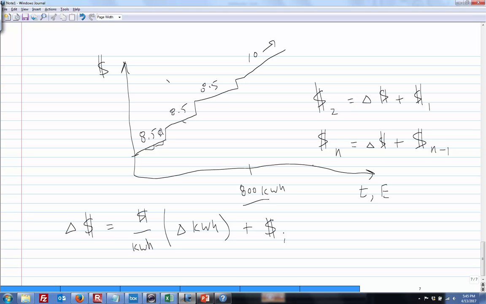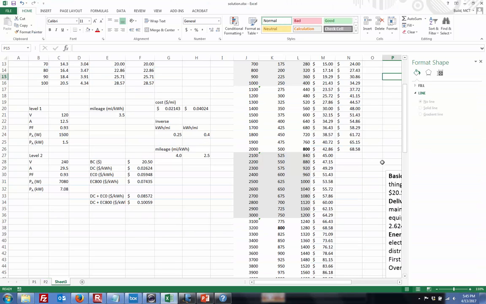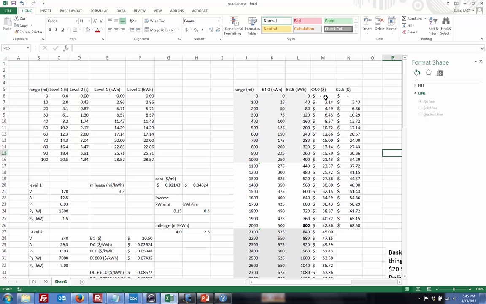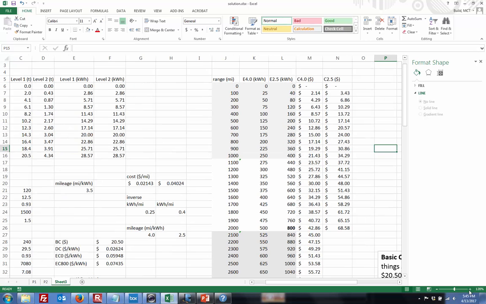You can see that I've built that into my Excel function here. It starts out very simply. Let's see if I can make this a little bigger.